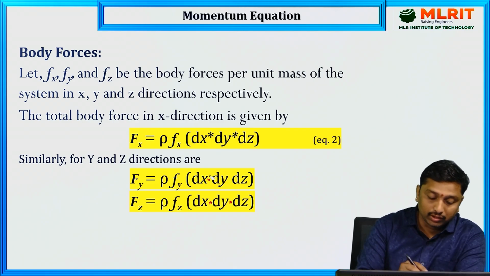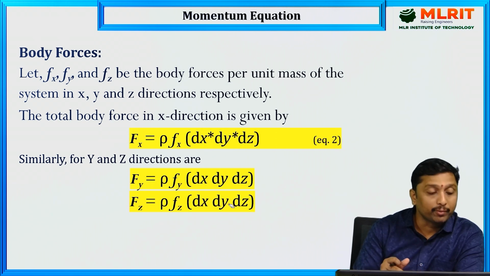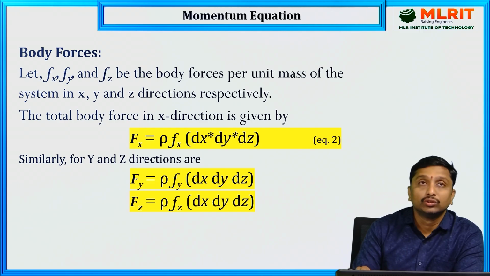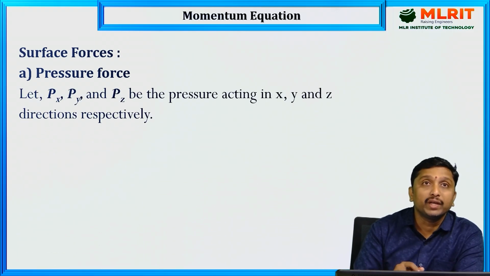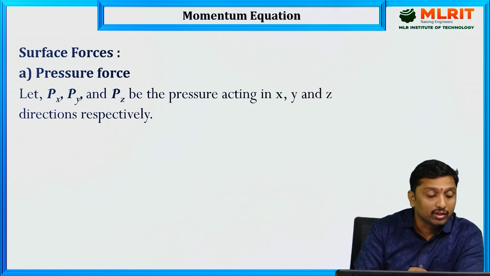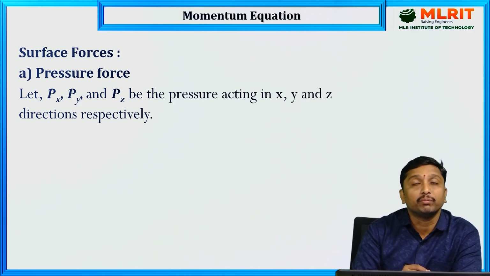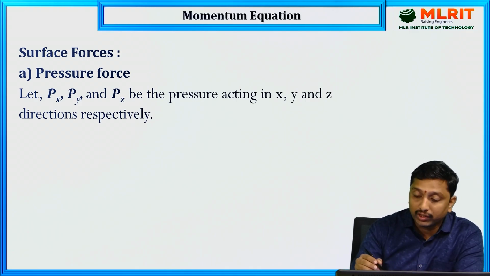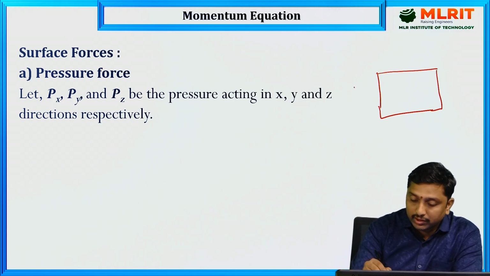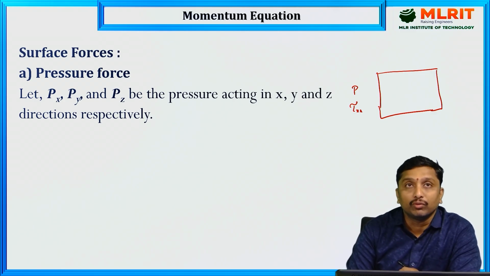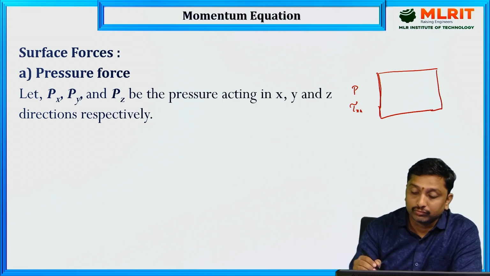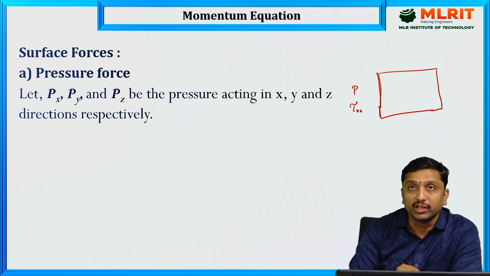Now the second type of forces is surface forces. So let us continue with surface forces. In surface forces, let us consider pressure forces. Let Px be the pressure force in x direction, Py in y direction, and Pz in z direction. From the figure, this surface had P and tau xx: the left side of the infinitesimal element on the x equals constant plane, that is the yz plane.